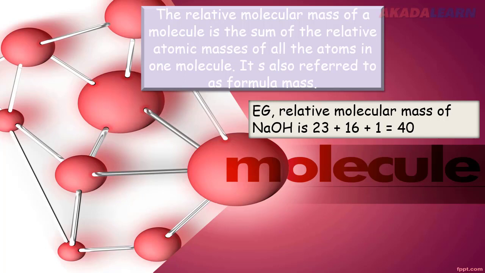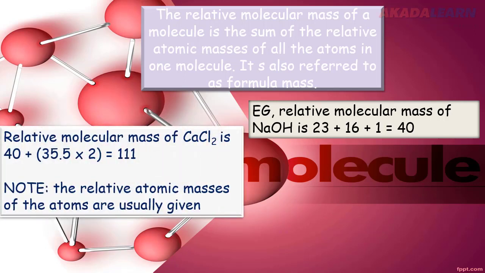A good example is NaOH. You will see we have sodium, oxygen, and hydrogen all in that molecule. Sodium is 23, oxygen is 16, hydrogen is 1. If you add all this up, you will get 40 as the relative molecular mass of sodium hydroxide.